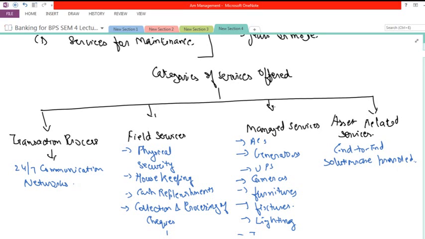For example, one company is there which is saying that okay, I will offer ATM management solutions to the XYZ bank. So what it does is that AC generators, UPS, cameras, furniture, fixtures, lighting, cash deposit के लिए facilities, insurance के लिए facilities, communication systems के लिए सारे facilities, तो एक composite package बना के वो बैंक को offer करता है.